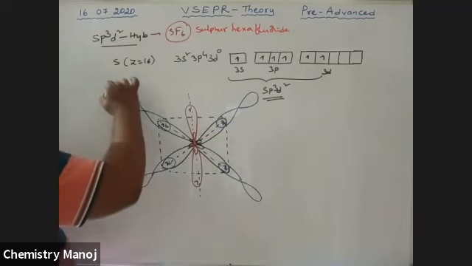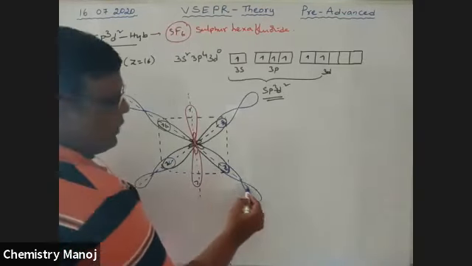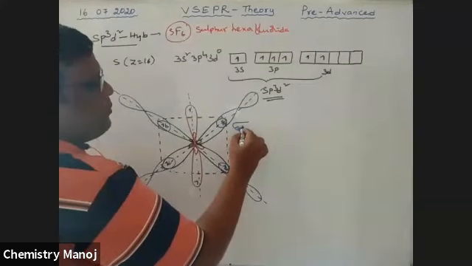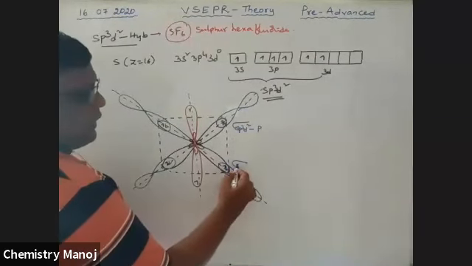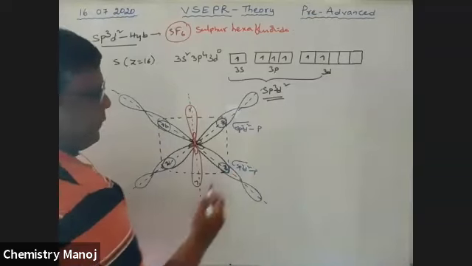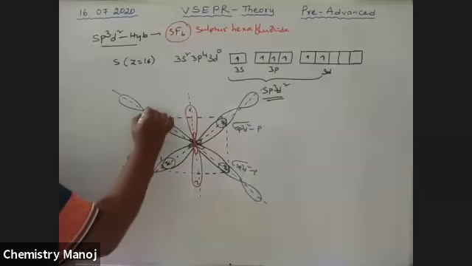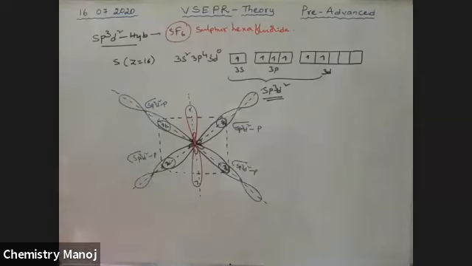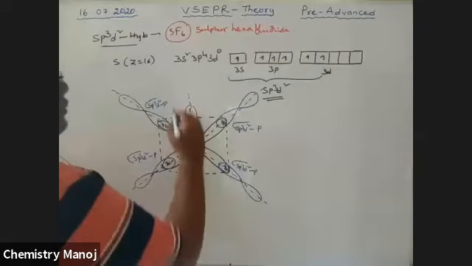So this is the directional nature. All these bonds are formed on the axis, so all these are sigma bonds, sigma sp3d2-p, each one a sigma sp3d2-p orbital overlap. Now the remaining two are also involved in overlapping.